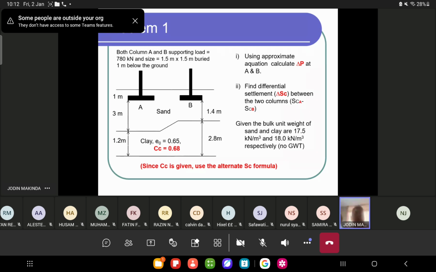So probably the calculation will be different because they have different thickness of sand and different thickness of clay. In the layer, you can see that the initial void ratio is 0.65 and the compression index is 0.68.